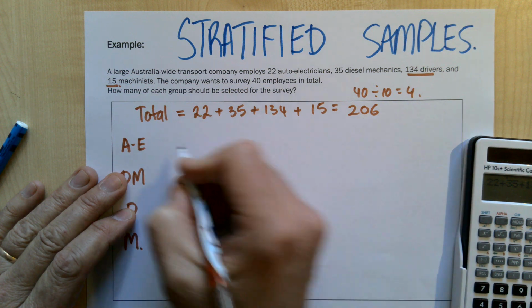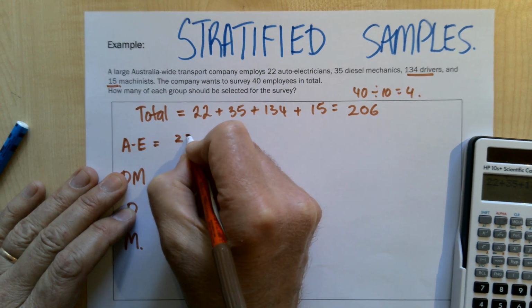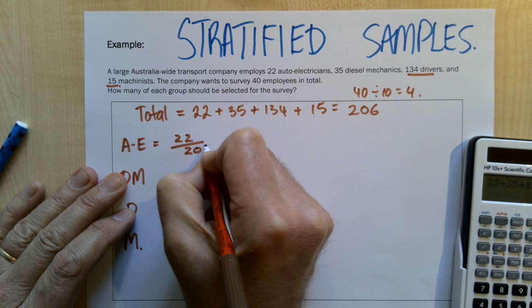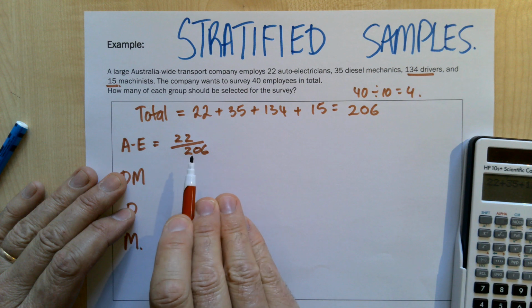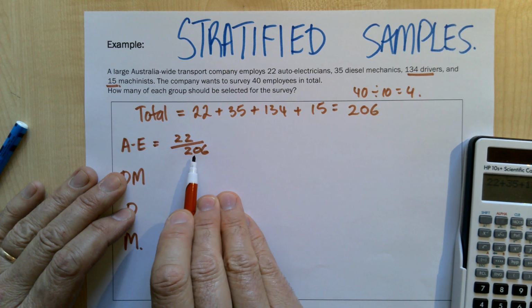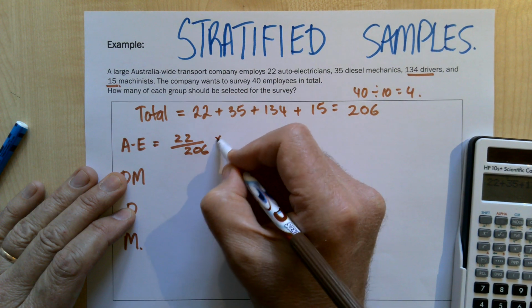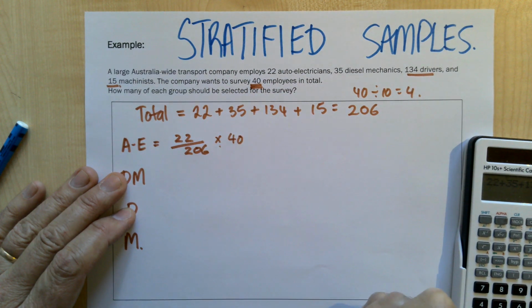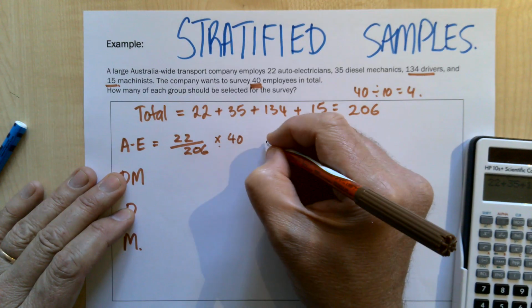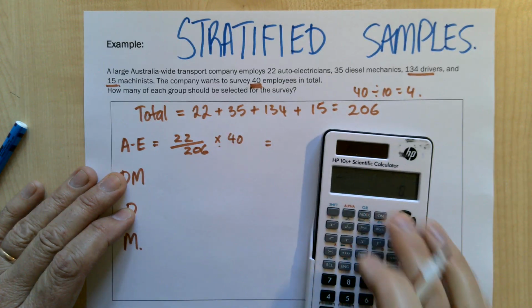Okay, remember how we did that? That's the fraction of the whole lot that are auto electricians. Well, let's find that fraction of 40. Why 40? Because I want 40 people in my survey. All right, so let's do that.